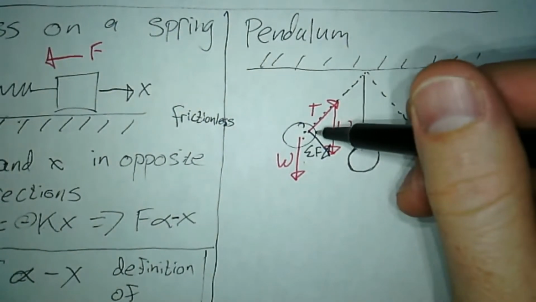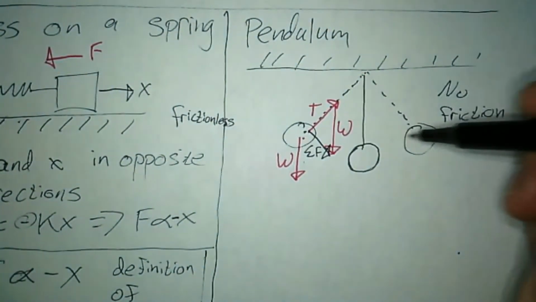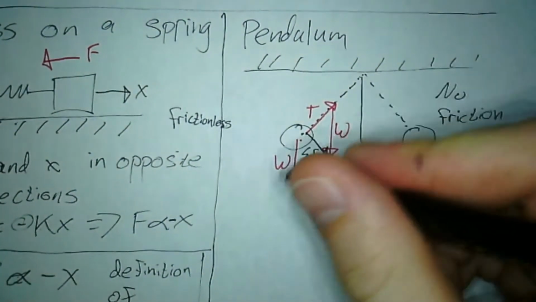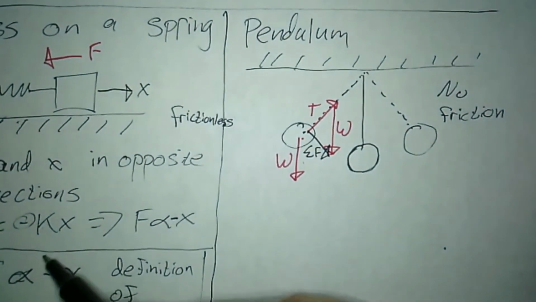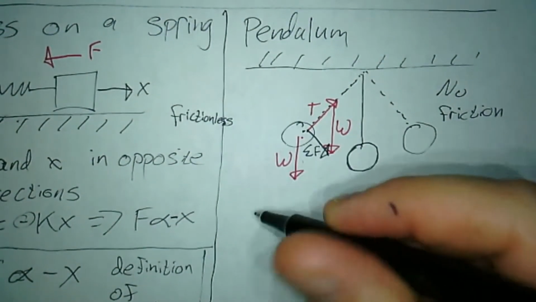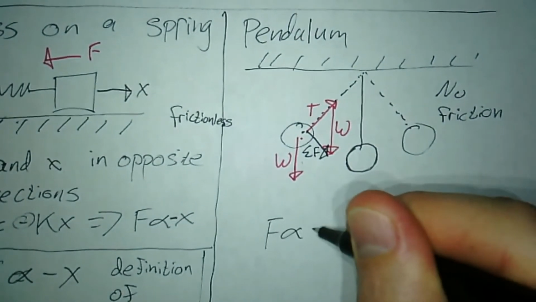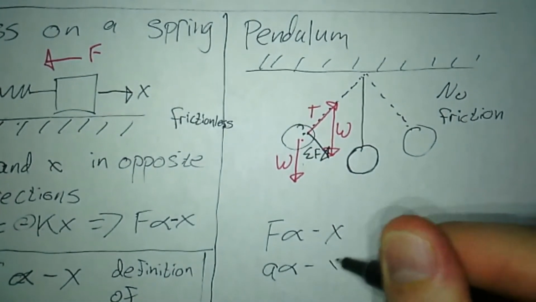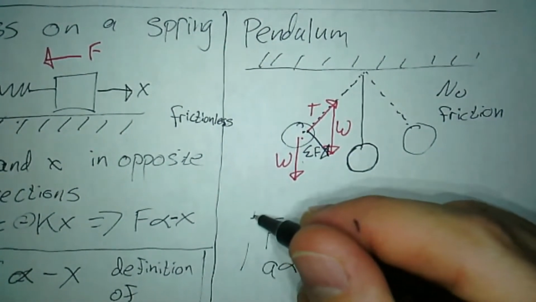So one thing they usually talk about with this is just the x component to keep the math a little simpler. And we can do the same things that way, and it's going to end up being this exact same thing. We're still going to see force is proportional to negative x, and acceleration is also proportional to negative x from this too.